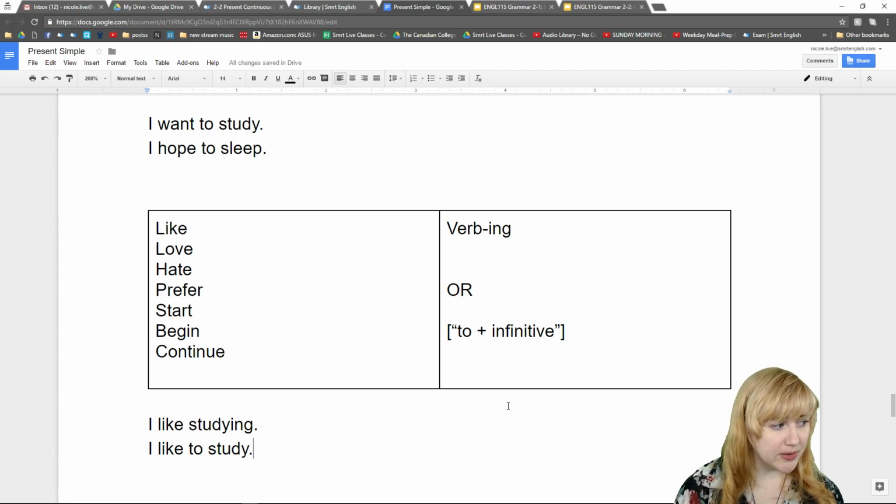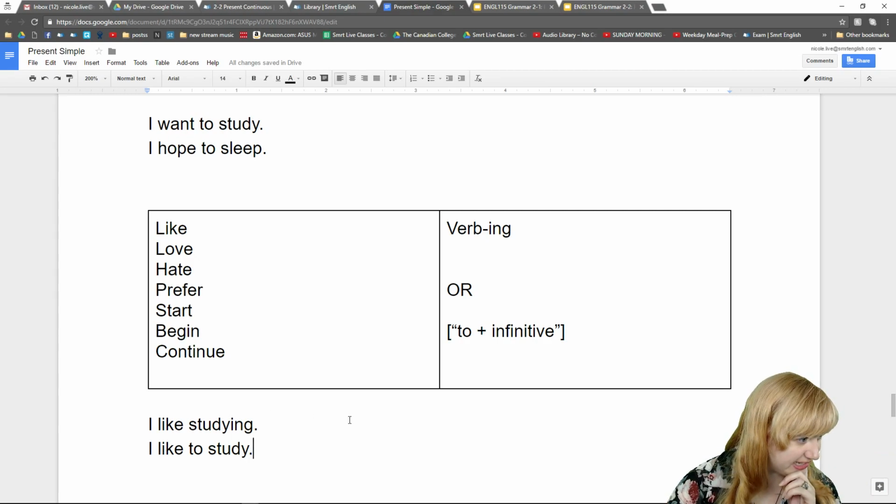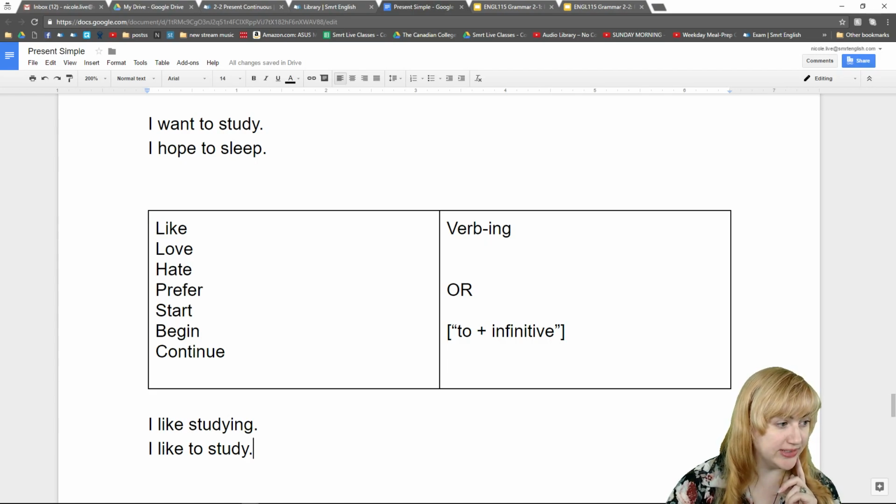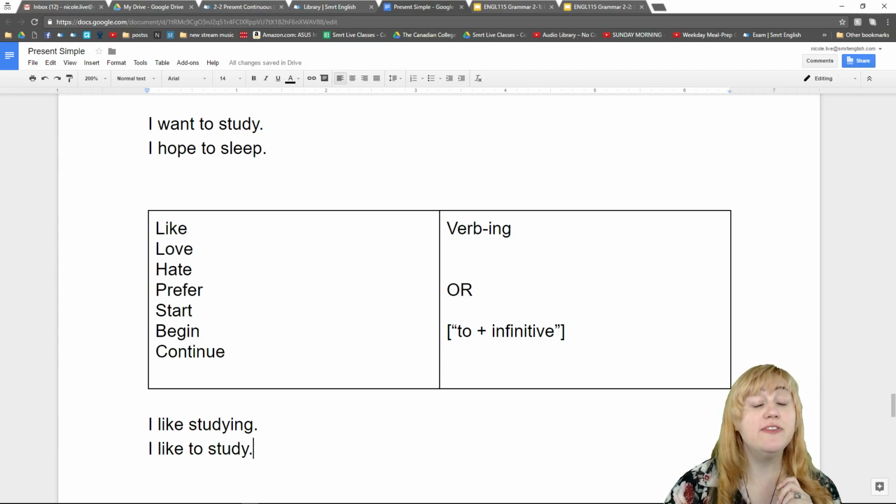All right, so let's see. I hope that answers most of the questions. It says the verbs in the simple present are infinitives, but infinitives have clear rules. Okay, so infinitives do have clear rules. So there are 3 forms of the verb.